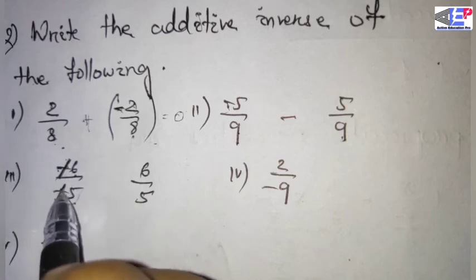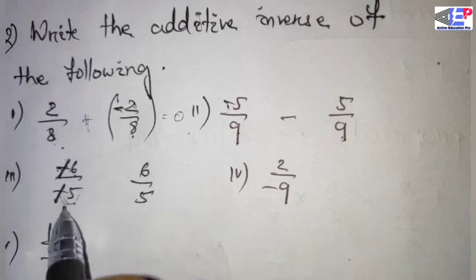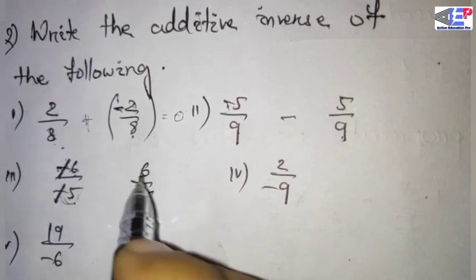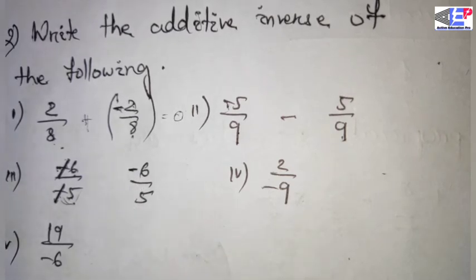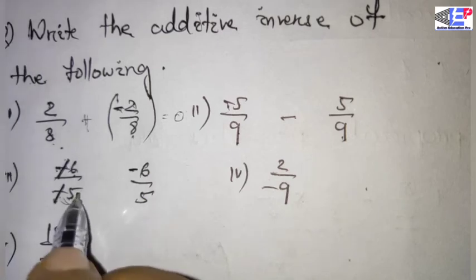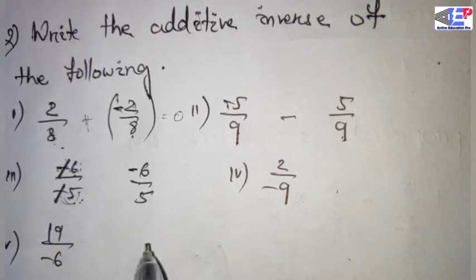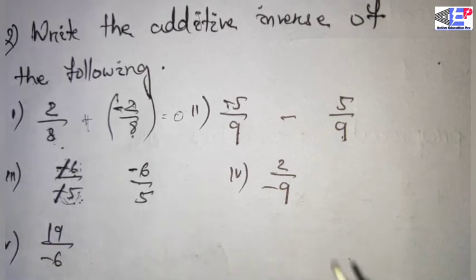After cancelling both the negative signs, your rational number becomes a positive rational number. So as per the additive inverse rule, just put a negative sign to find the additive inverse of the rational number 6 by 5. So the additive inverse of 6 by 5 is minus 6 by 5.